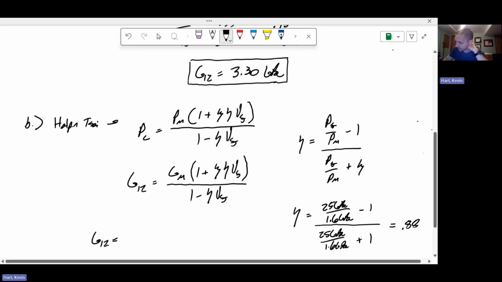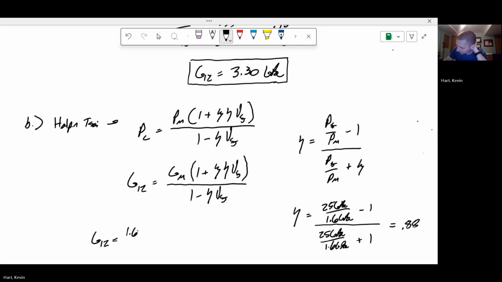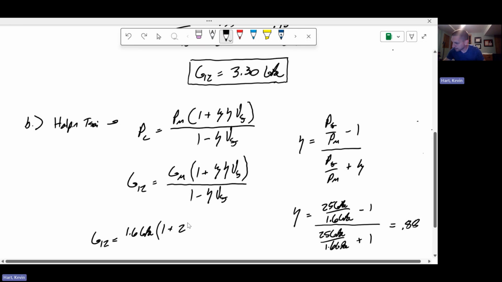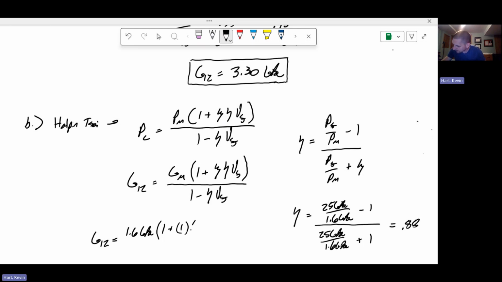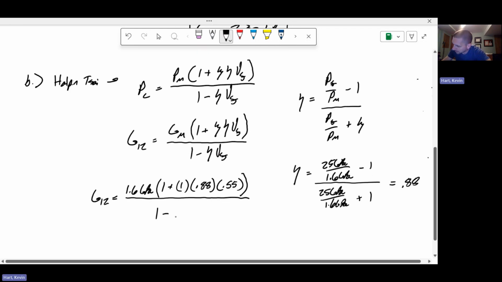G12 is the shear modulus of the matrix, 1.6 GPa, times 1 plus xi, which is 1, times eta, which is 0.88, which we calculated, times VF, which is 0.55, all divided by 1 minus eta, 0.88, times VF, 0.55. All right, punch all this in.